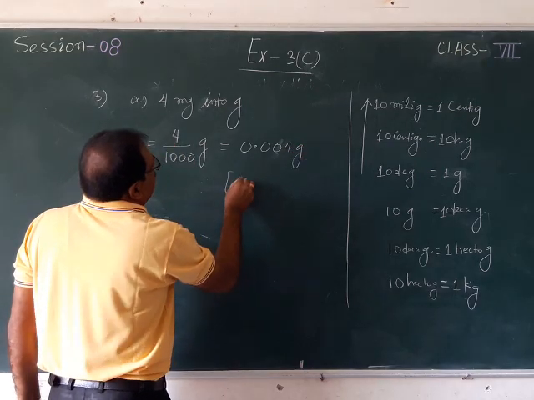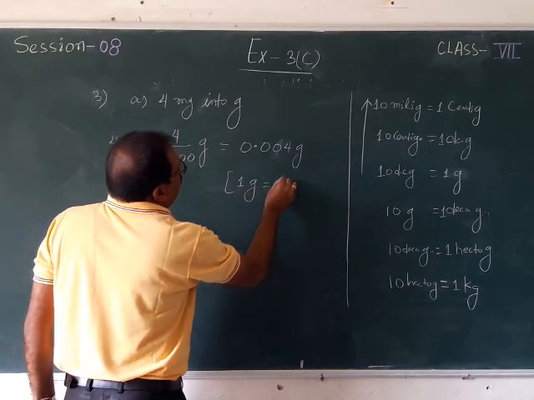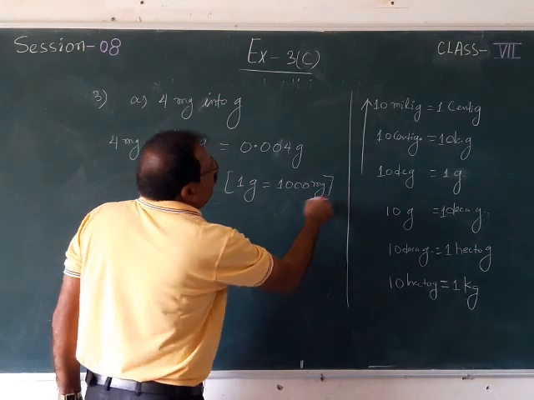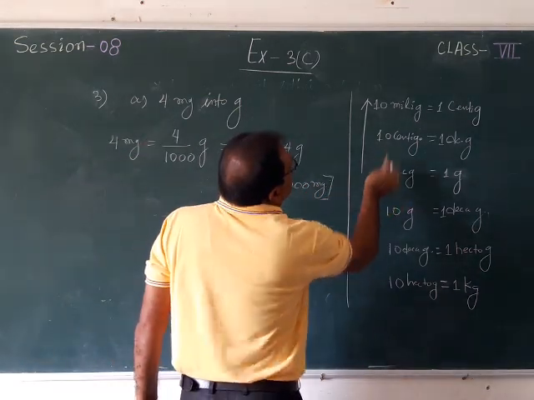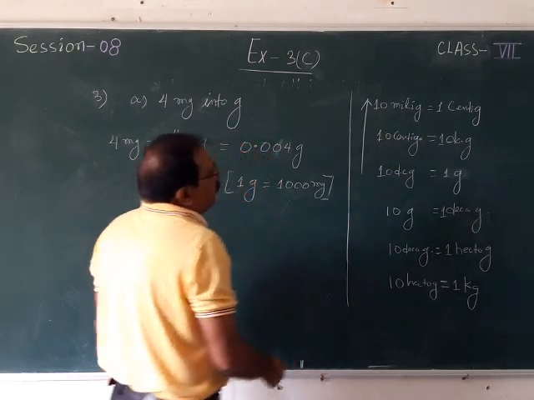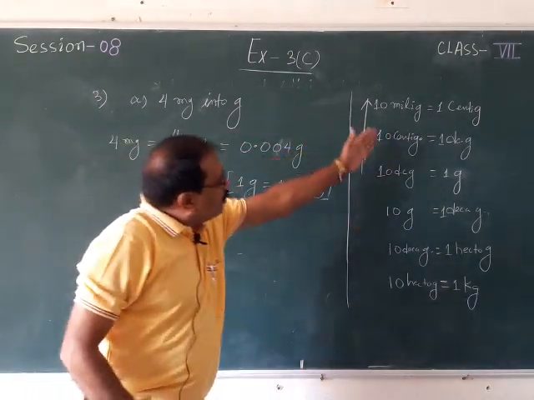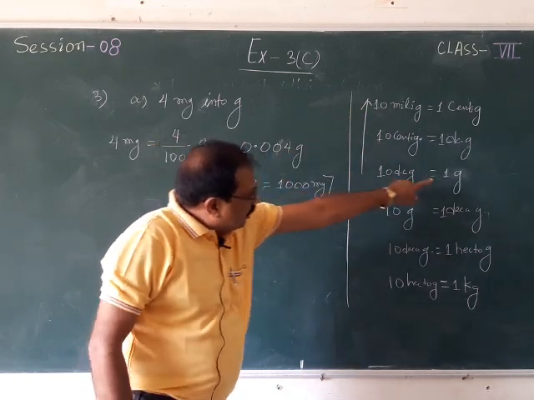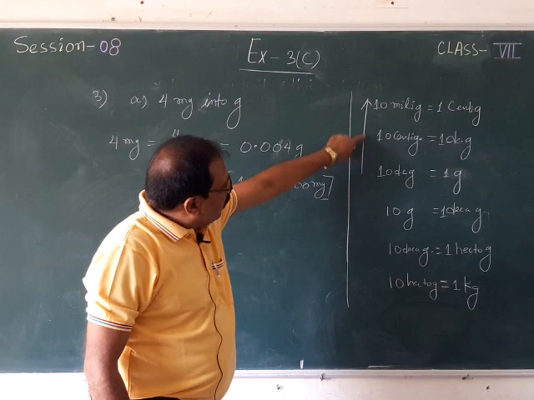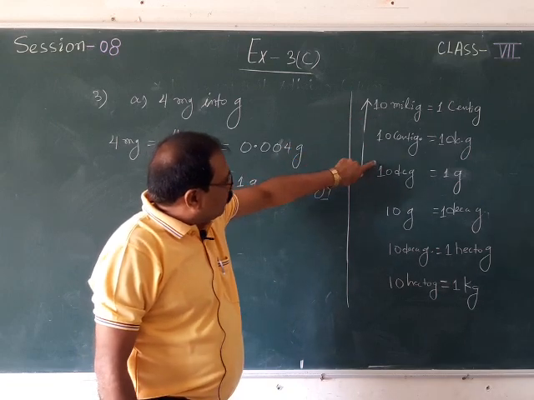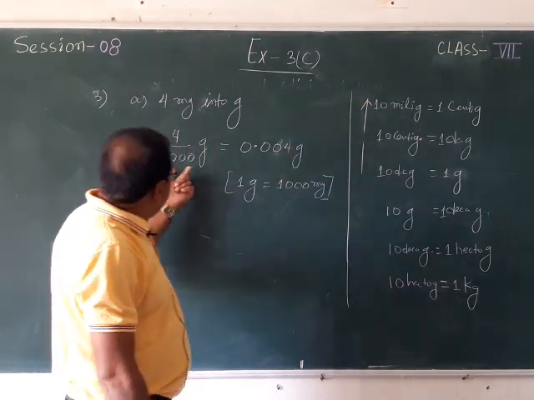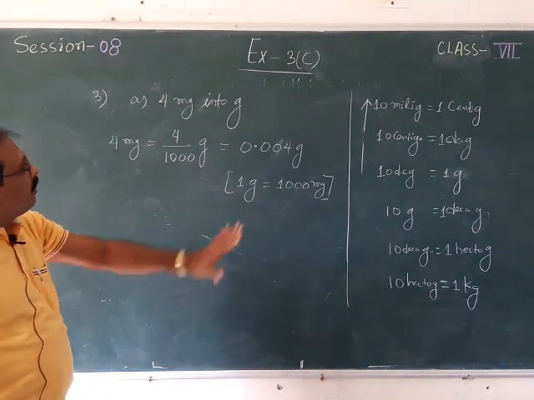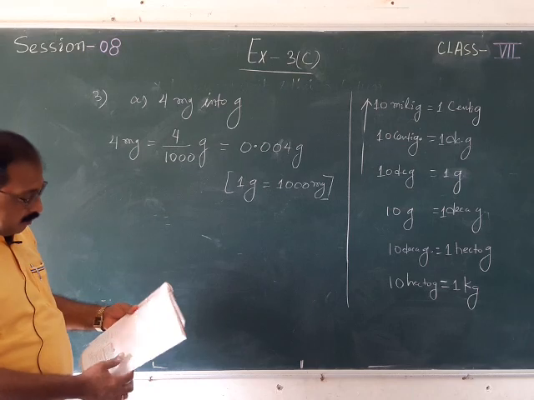Because 1 gram equals 1000 milligram, which I decided by this table, since I go from gram to milligram, going upward. That means I have to take 1/1000 and divide by it.